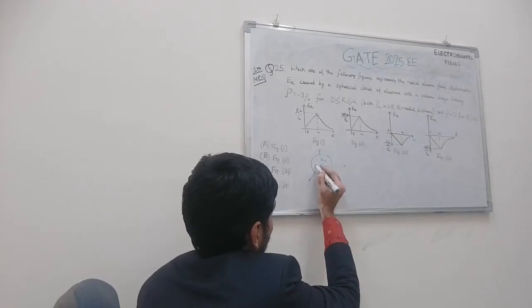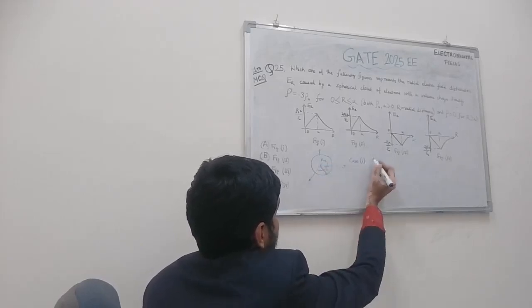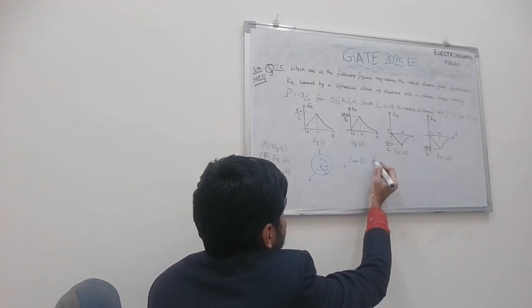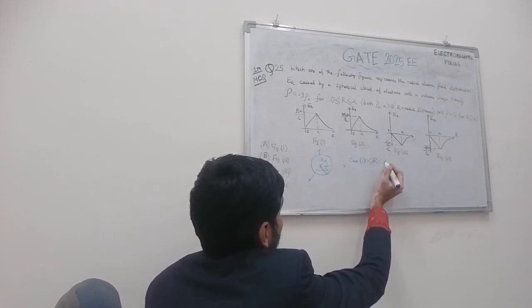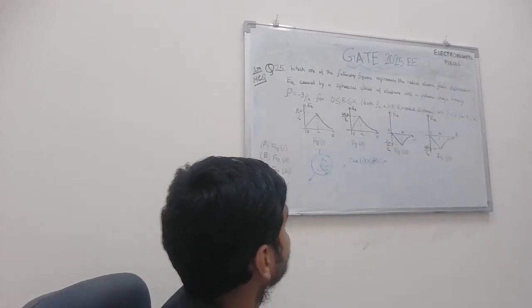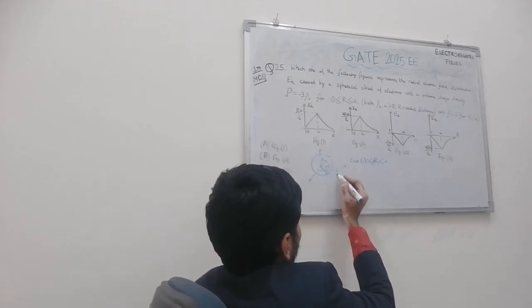Let's say this is the Gaussian surface. Case 1 is rho and R greater than 0 and less than A.